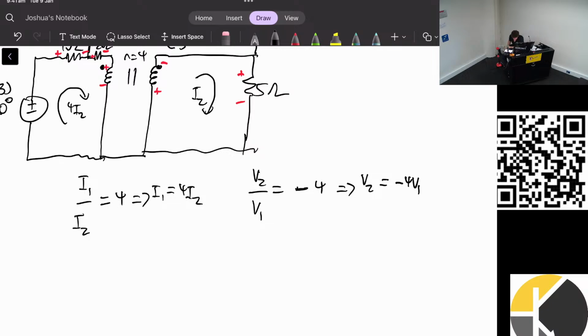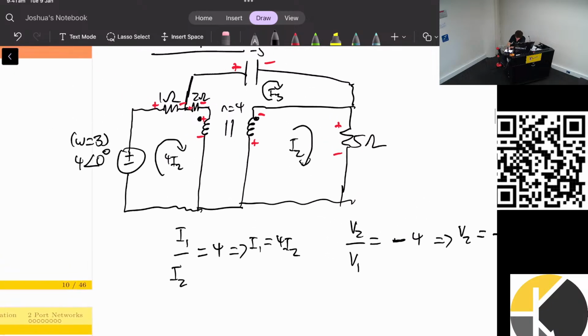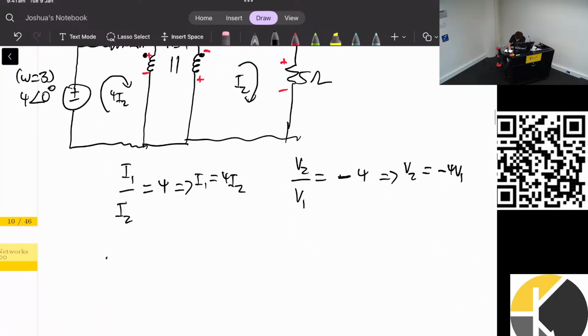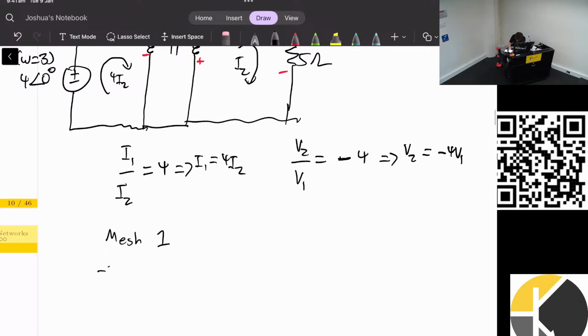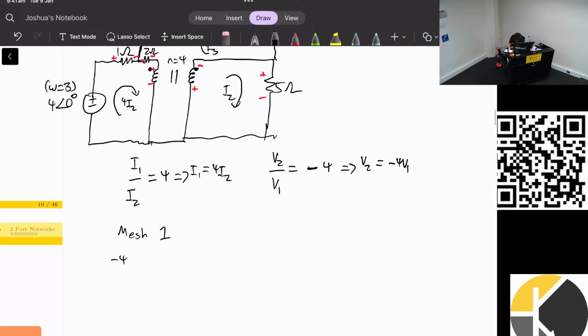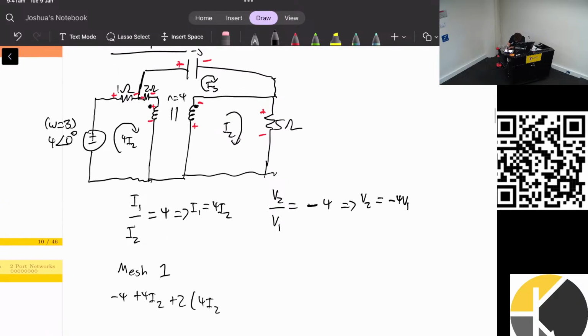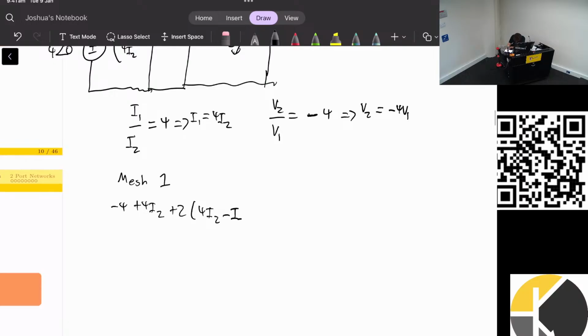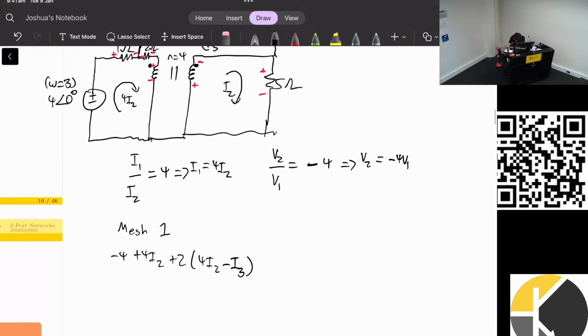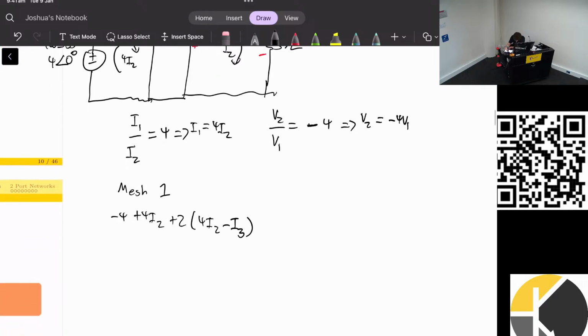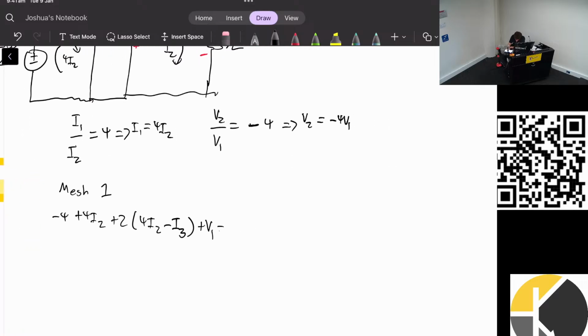Okay, next thing we're going to do is some basic mesh analysis. So let's do mesh one. We're going to get -4 plus 4I2 plus 2 times (4I2 minus I3) plus V1 equals 0.